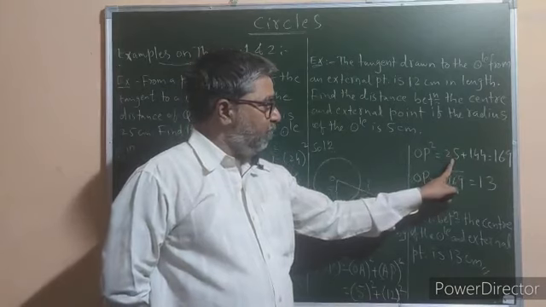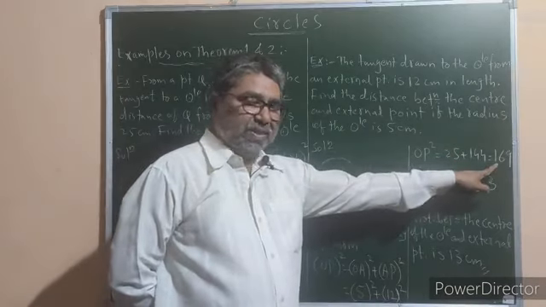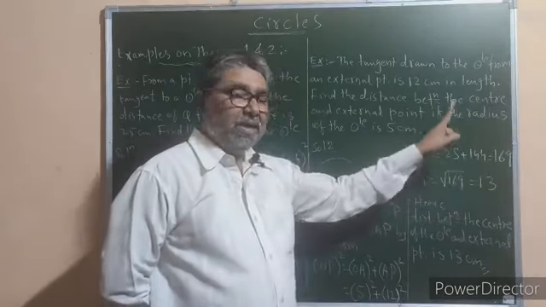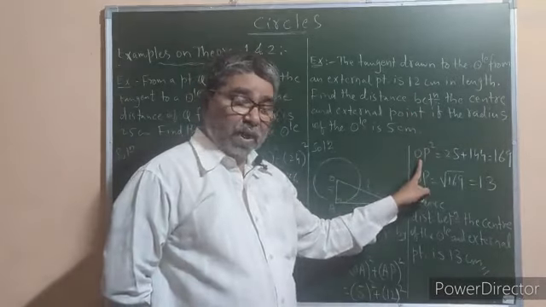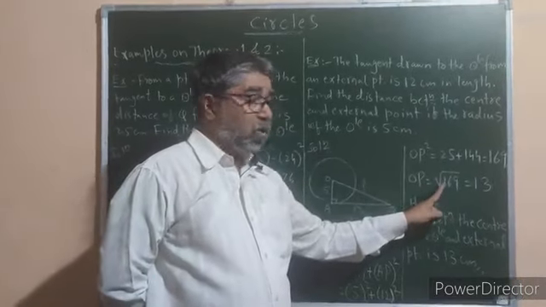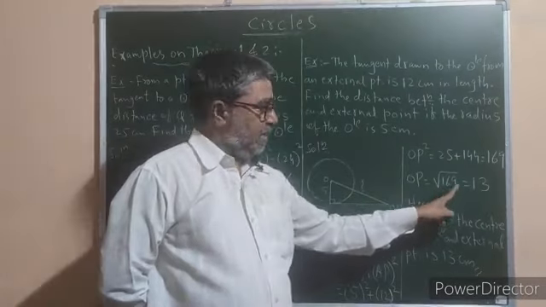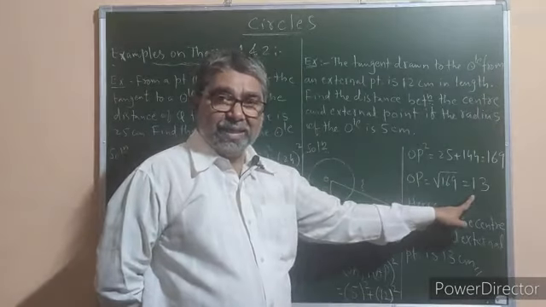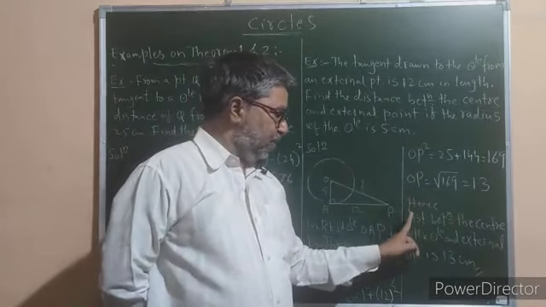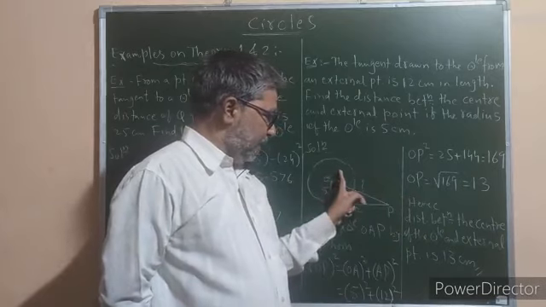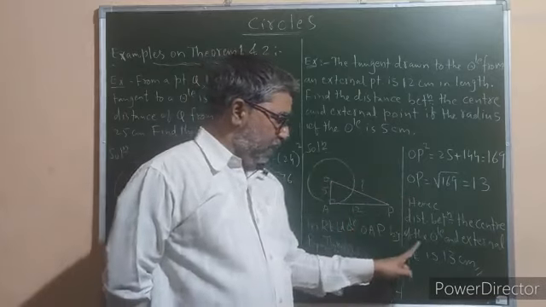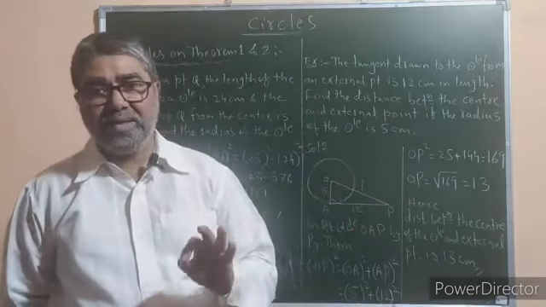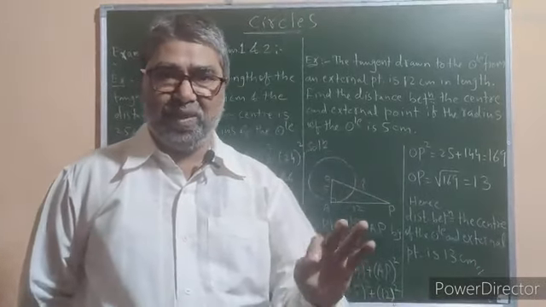Sum total of 25 and 144 is 169. 169 is the value of OP square. Therefore, OP is equal to square root of 169, and it is nothing but 13. Hence, the distance between the center of the circle and the external point in this particular example is 13 centimeter.